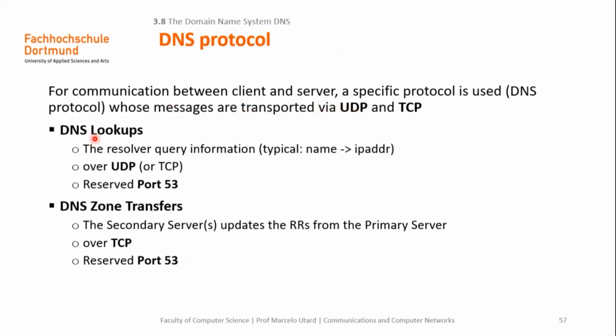In order to perform the DNS lookups, that is, the name resolutions, the resolver queries information. Typically, for instance, it queries the IP address associated with some particular name. In that case, we encapsulate the DNS messages into UDP datagrams.